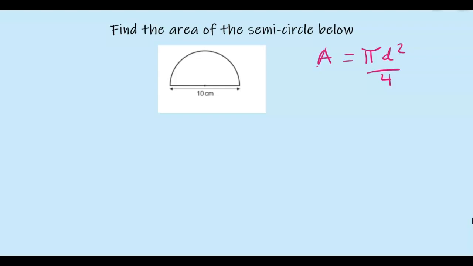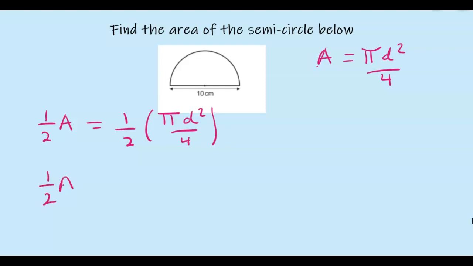So what we can do is use the formula that we have been given here, where half the area of a circle becomes pi d squared over 2 times 4, and that will be 8. So we'll be using that here.